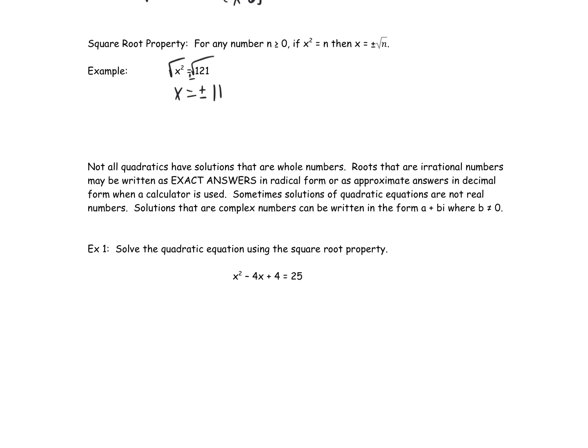Most of the time, though, I want you to leave it as an exact answer in radical form. Sometimes solutions of quadratic equations are not real numbers. Sometimes they are complex numbers, and they can be written in the form a plus bi.